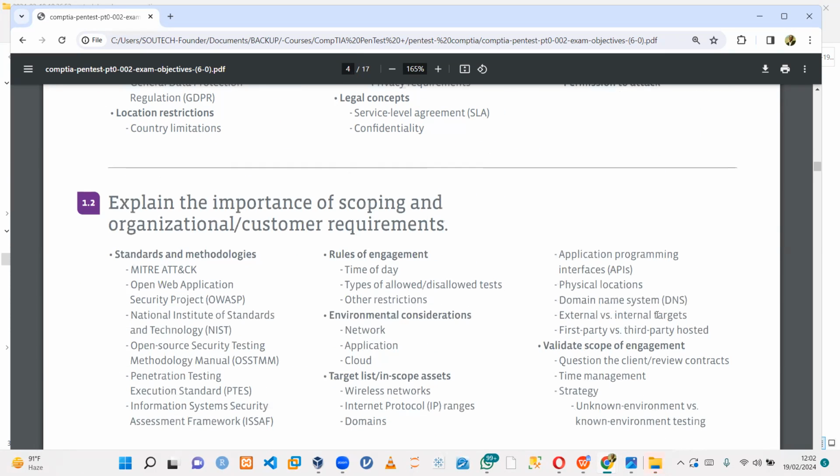Then in 1.2, you need to be able to explain the importance of scoping, right? Because you have several standards, several methodologies, several guidelines, several ways that this vulnerability assessment and penetration testing can be done. So you have the MITRE ATT&CK, you have the OWASP Top 10, you have the NIST framework, you have the OSSTMM, you have the PTES, you have the ISSAF.